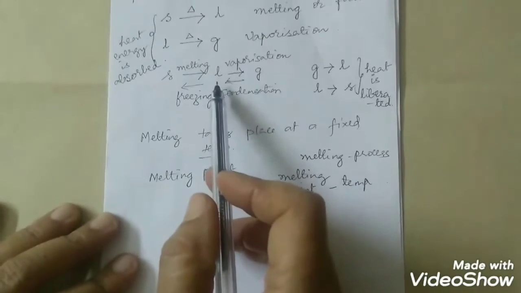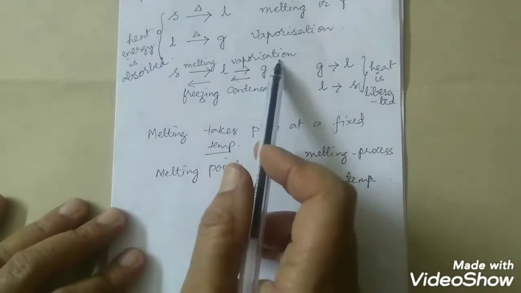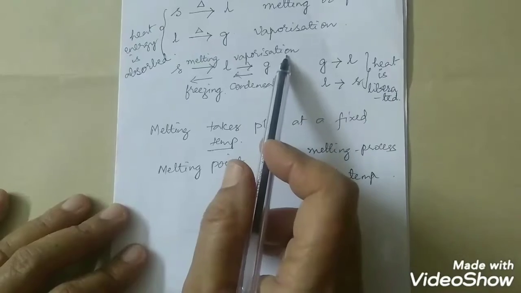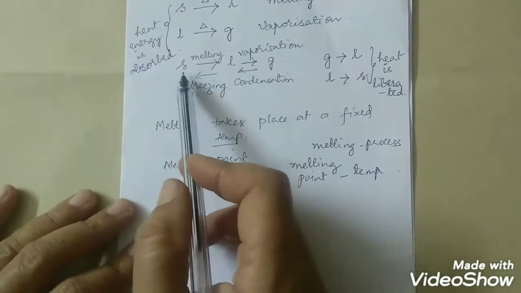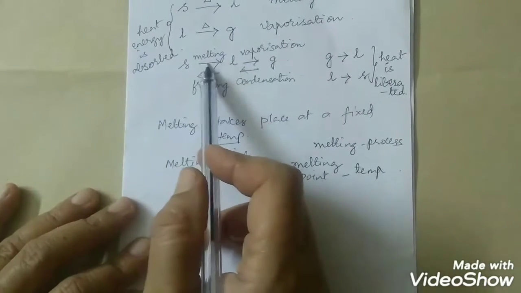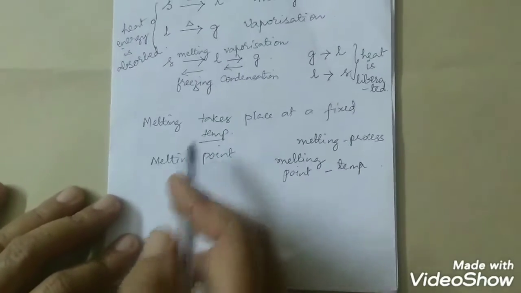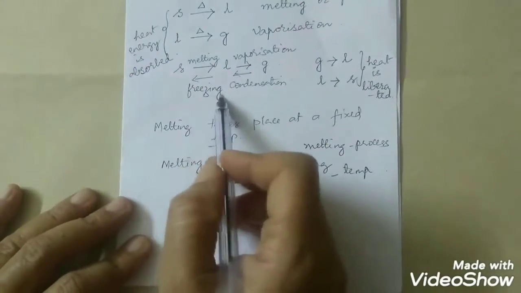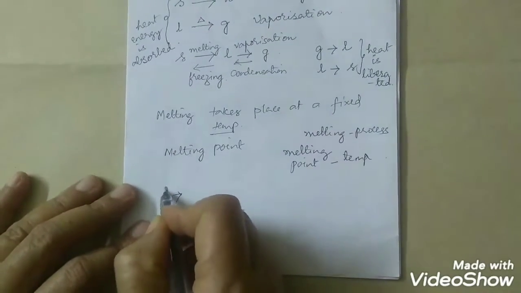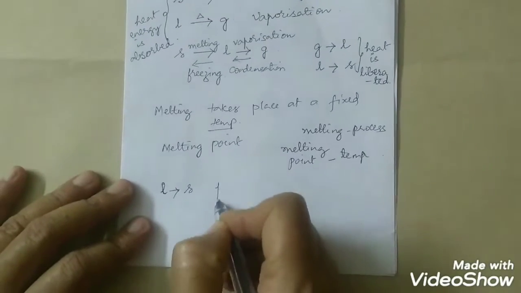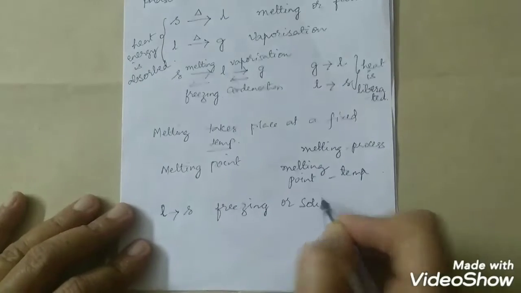Similarly, the process wherein a liquid changes to gas is called vaporization, and vaporization takes place at a certain fixed temperature, called the vaporization point. Solid getting converted to liquid is called melting. But the reverse process, wherein a liquid gets converted to solid, is called freezing or solidification.